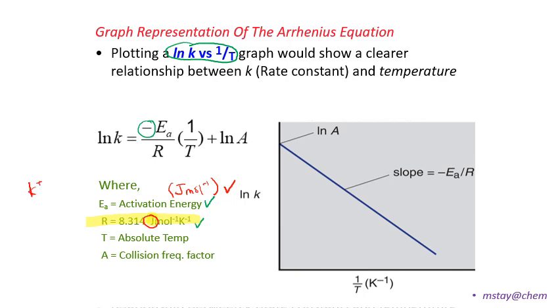So we need to convert by multiplying with 1000. Then T represents absolute temperature, which must be in Kelvin, and A is the collision frequency factor.